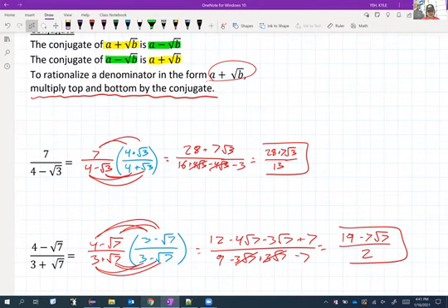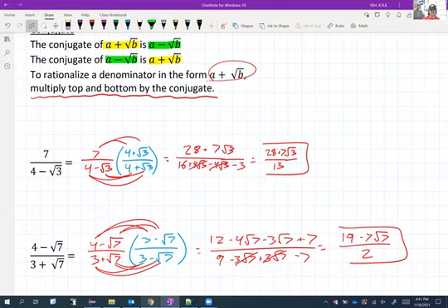And on top, when we FOILed, we got 12 minus 4 root 7 minus 3 root 7s plus root 7 times root 7, which is just 7. So combining those like terms, we ended up with 19 minus 7 root 7 over 2. So I'm hoping your work came out the same. Pause it and compare our work if it didn't. See if you can find the difference.